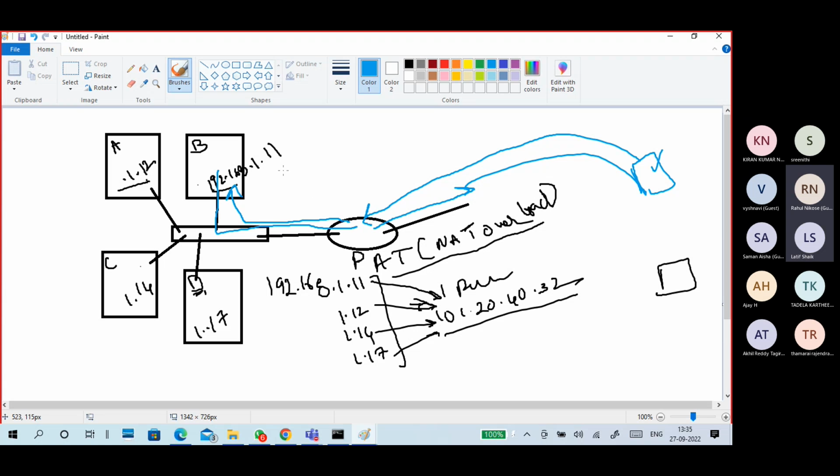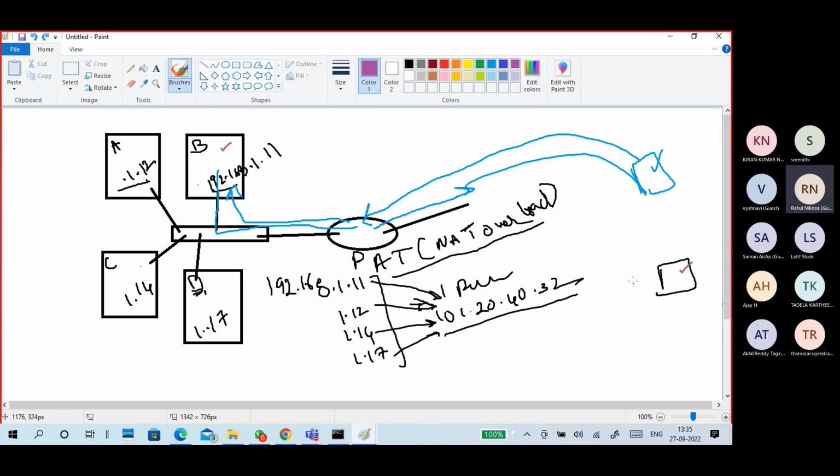But in this process, if any user in the outside network wants to access your PC, whether your PC is a server or a normal PC, he cannot access it. Why?